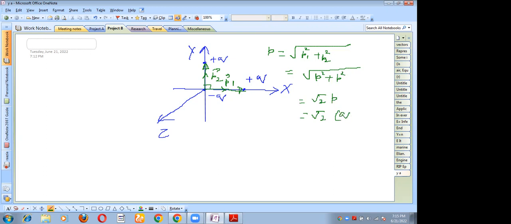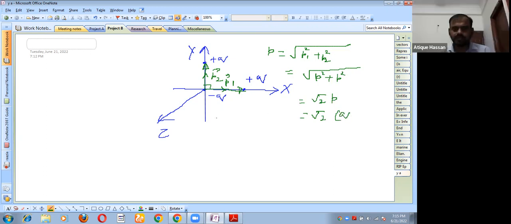Q into 2A, but here the separation is given as A, right? Here the separation between minus Q and plus Q is A. The 2A was actually the separation between minus Q and plus Q charge, which for convenience we were taking as 2A.